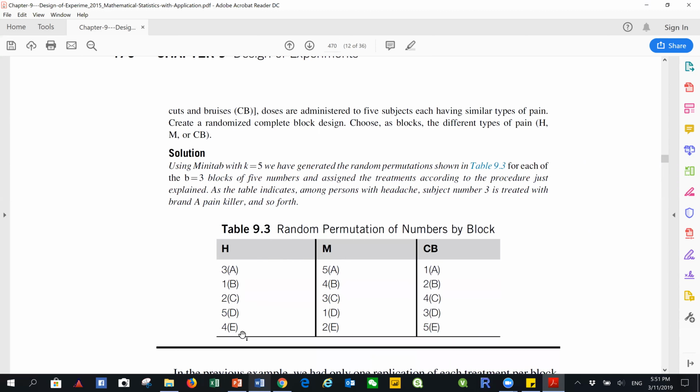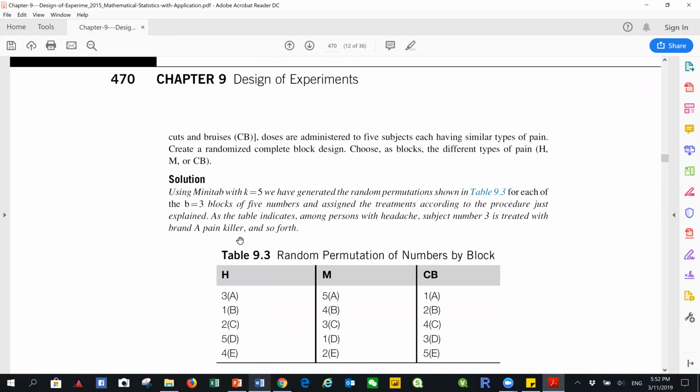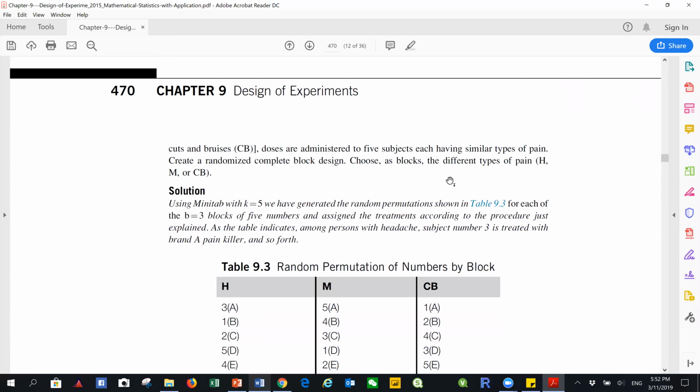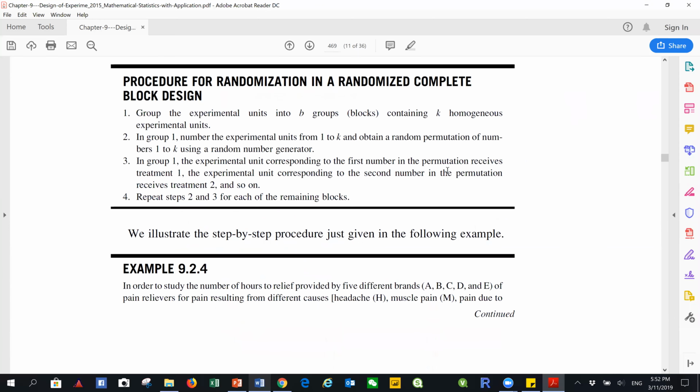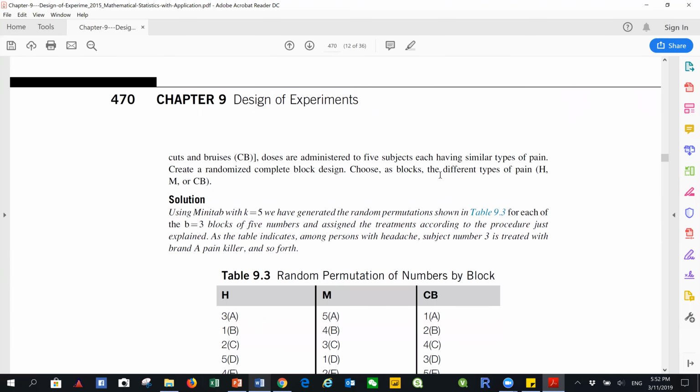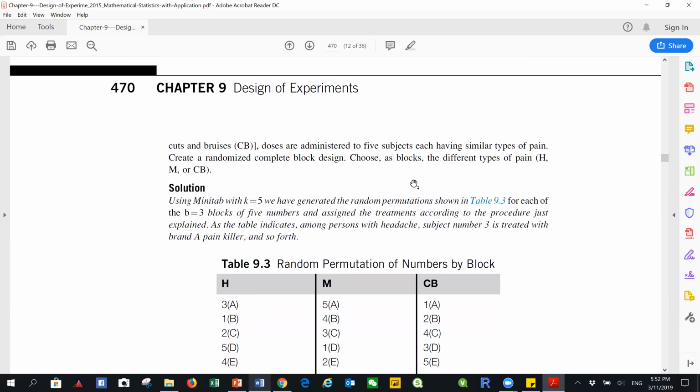But then we randomly assign the experimental units within each block, whether it's a headache, a muscle pain, or pain due to cuts or bruises.